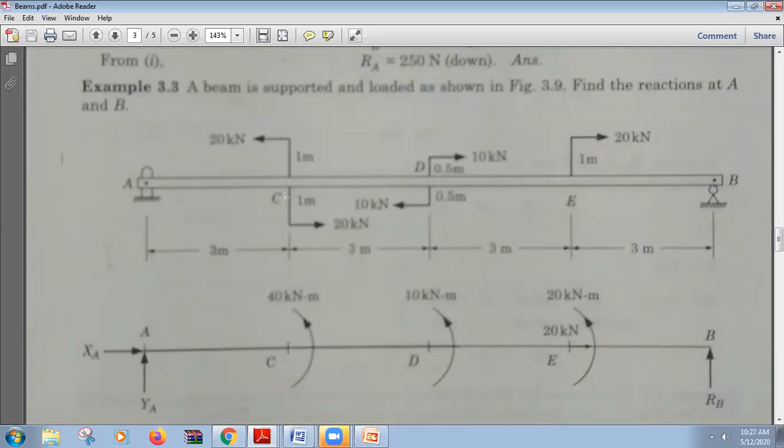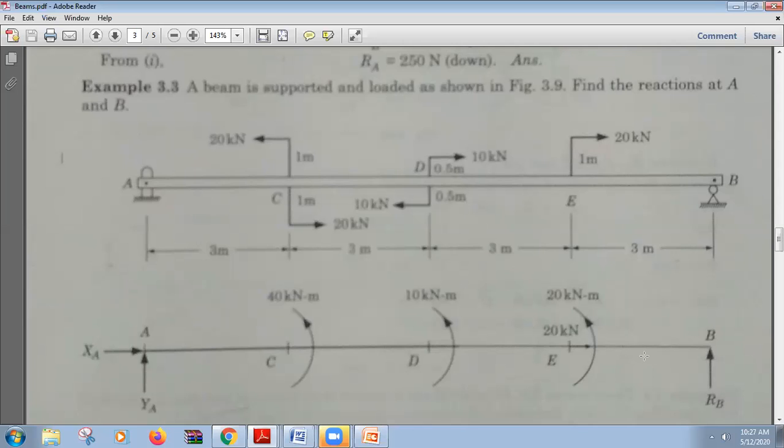So we can see there are different types of torques acting. This one is pin roller support. So the reaction is vertical upwards, and again we can see a moment of 20 kilonewton is acting, 10 kilonewton is acting, and 20 kilonewton is acting.